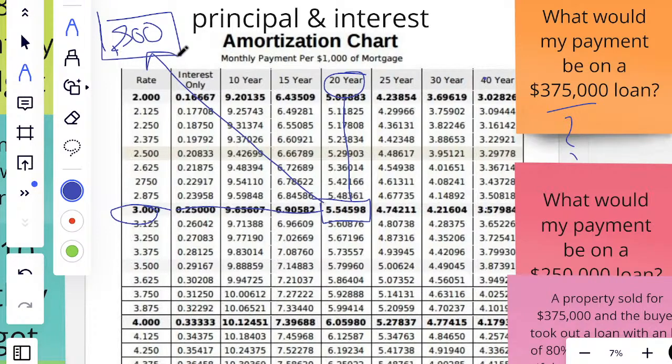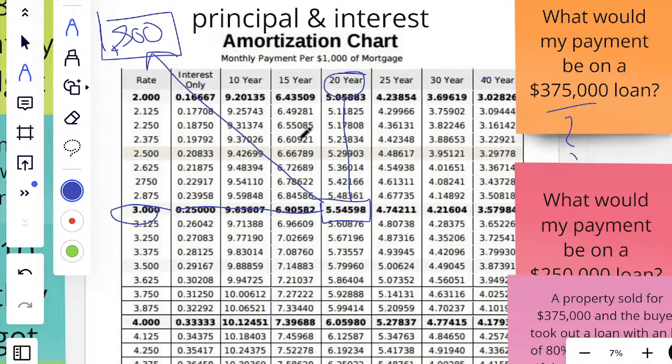5.54598 into 1,800. Here's why. You want to find out how many of those monthly payments fit into the monthly budget.